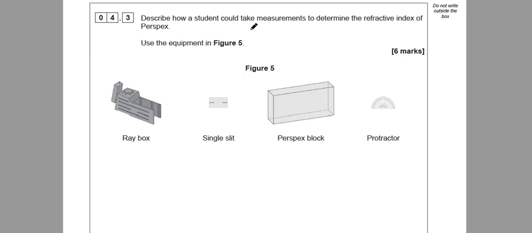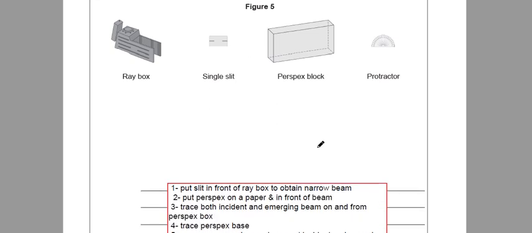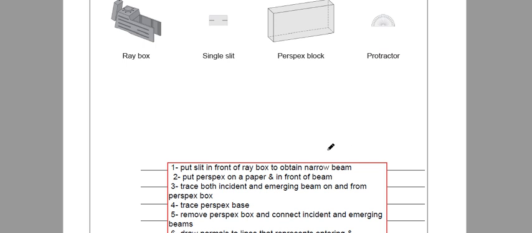Describe how a student could use measurements to determine the refractive index of perspex, and here are the components of the experiment. Put a slit in front of the ray box to obtain a narrow beam. Put the perspex on a paper in front of the beam.